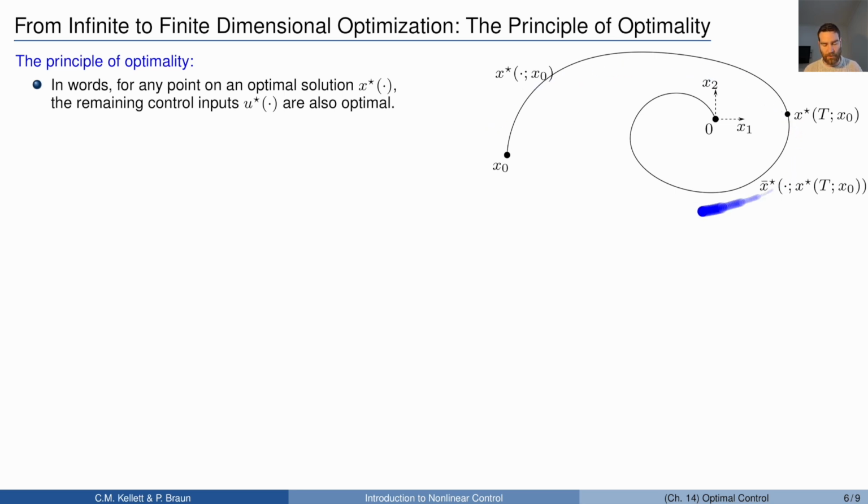So if we look at the setting over here, if I have an initial condition here and I want to reach the origin, so I have here denoted my optimal solution x star depending on x0, then if I take any point on that trajectory, for example x star at time capital T, then I can look at the corresponding optimal solution starting from this point here, which would then mean that I'm having x star of t when initialized now at this new point.